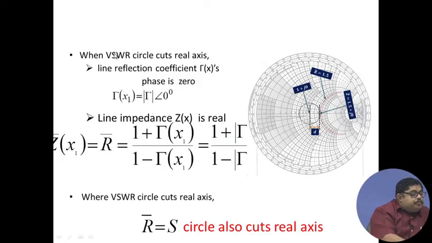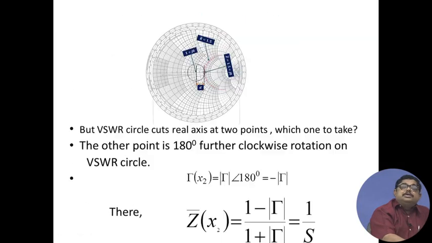If I take a 180 degree rotation, as we have earlier seen, you add a phase of 180 degree, and you land with minus gamma. Then the corresponding line impedance will be Z bar x2, and it will be 1 minus gamma by 1 plus gamma. So, that is 1 by S, 1 by VSWR.